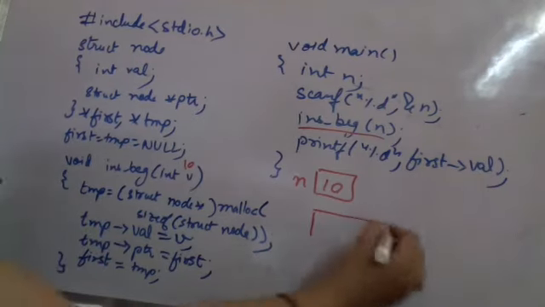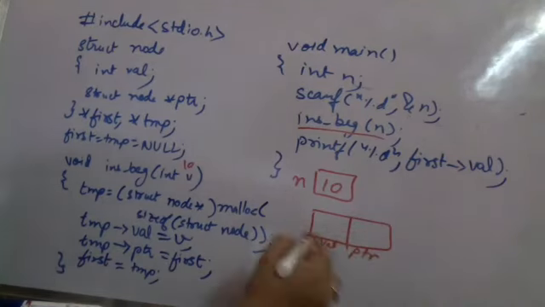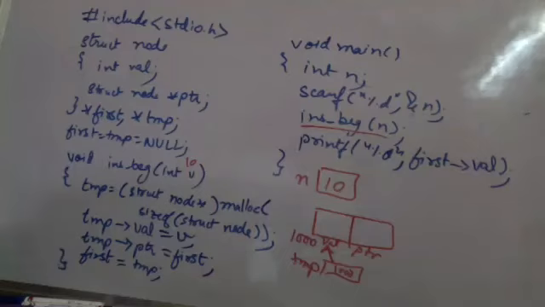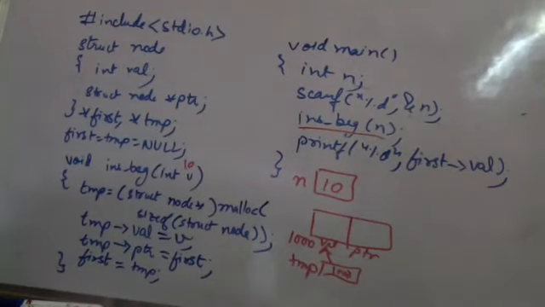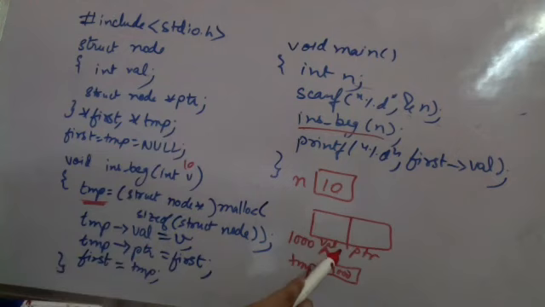A new node is created of type structure where you have the value and the pointer. Whatever this is stored at, supposedly at 1000, temp gets that location. So temp is pointing to this location. So temp is created and it is now pointing to this new node.